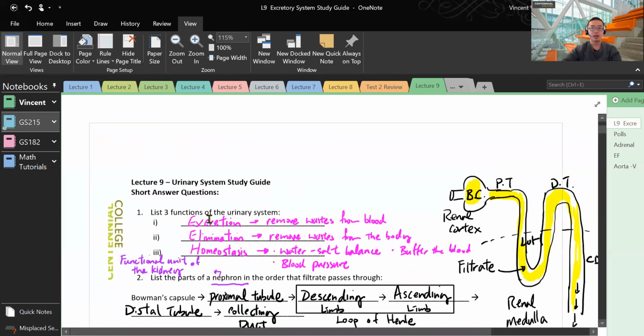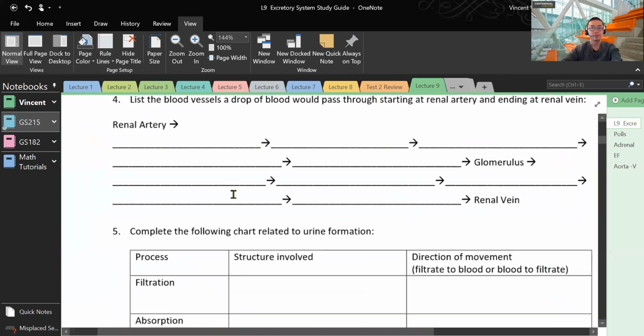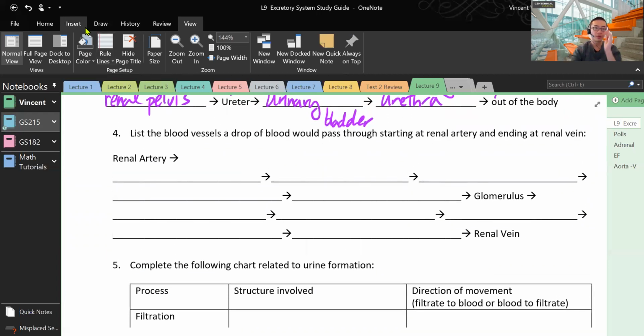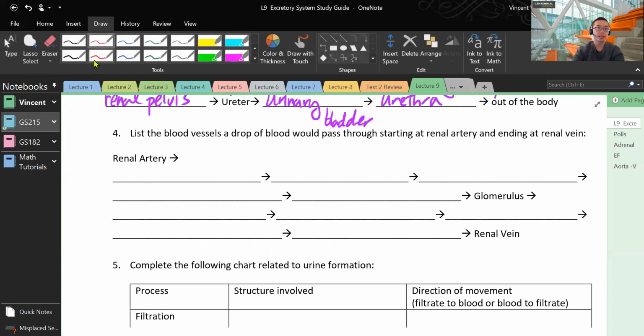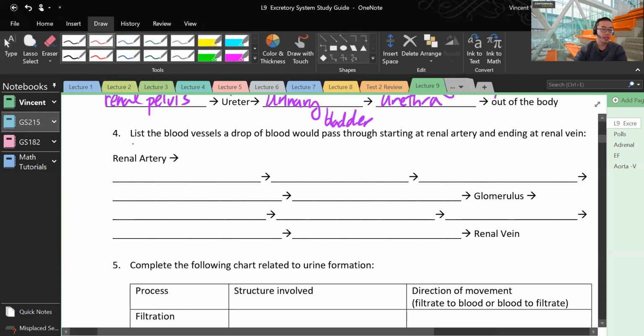Now, after explaining all of that, we can finally go back to here. List the blood vessels that the blood will go through. So starting at the renal artery, we are going to go into the segmental artery. I'm just going to put A. And then after the segmental artery, we're going to go up the sides of the pyramid.